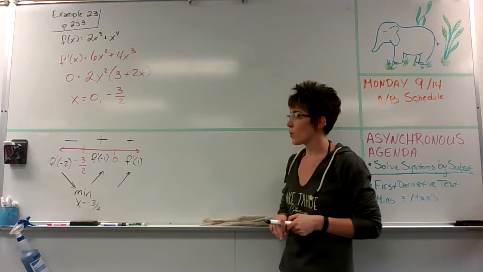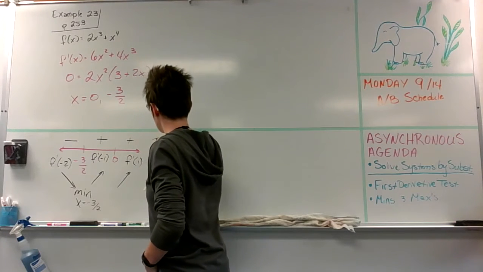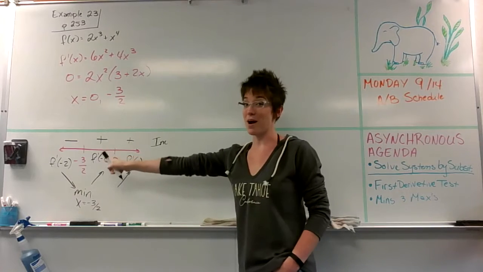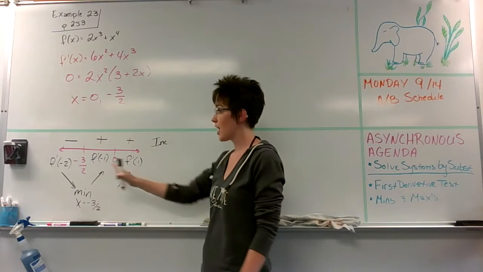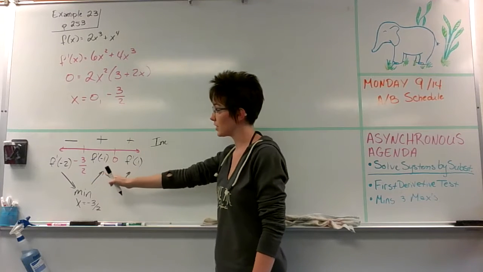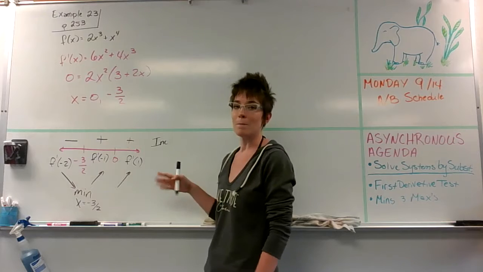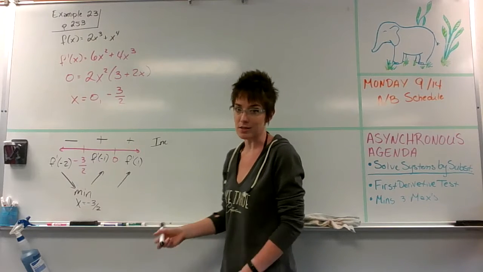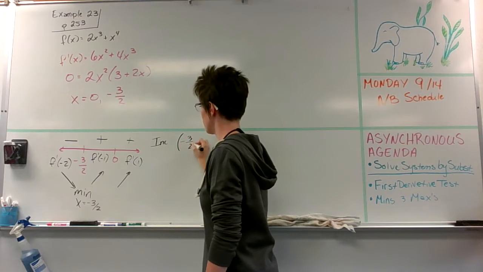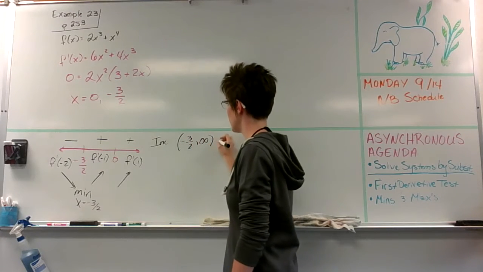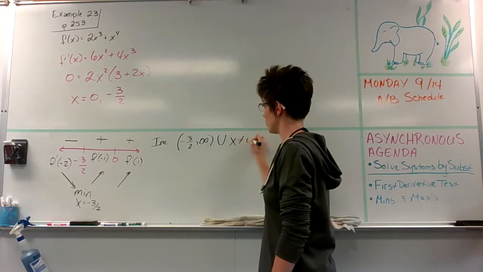Okay, so intervals of increase. Notice here that I've got positive, positive, so I don't need to take a union of those two sets. I'm just going to say it's increasing for everything from negative 3 over 2 to infinity minus that point where x is equal to 0. So I'd say we're increasing from negative 3 over 2 up to positive infinity, maybe union with x not equal to 0.